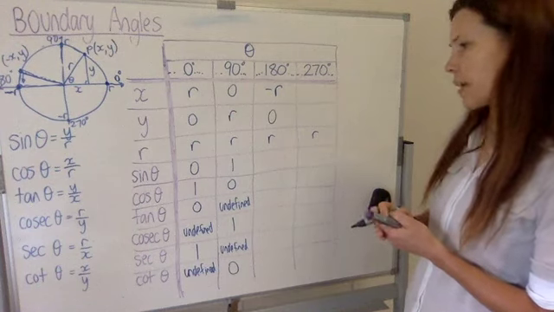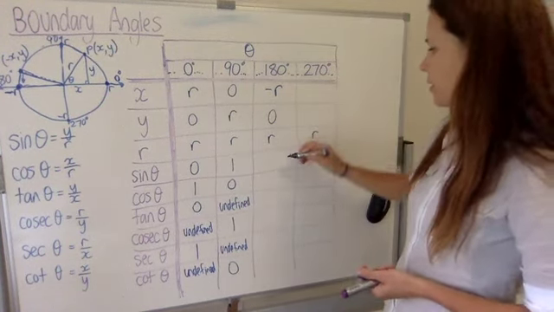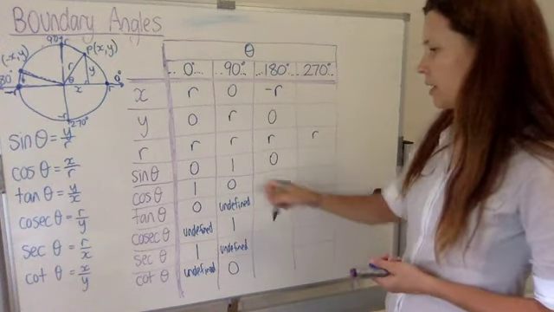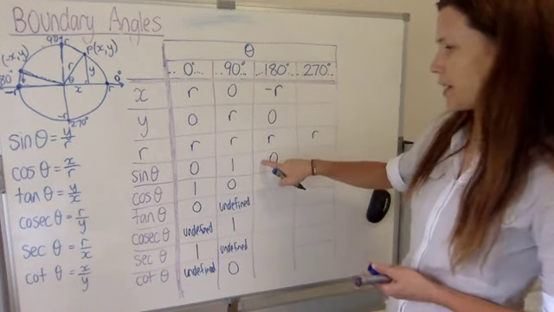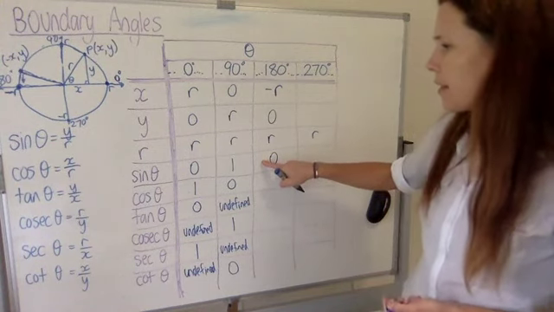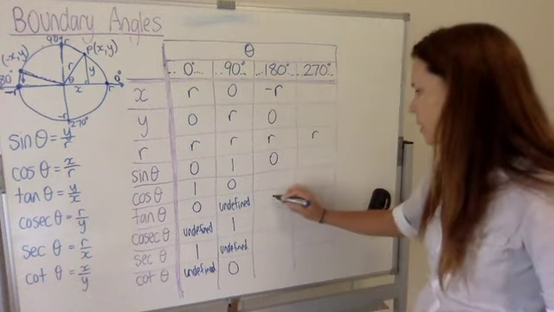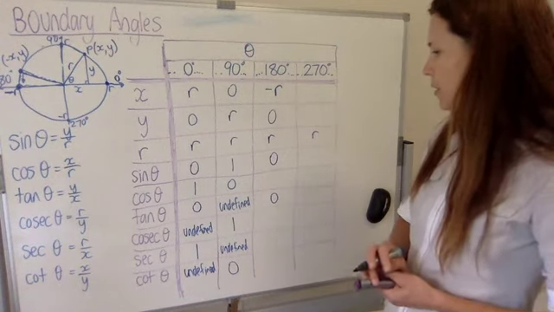So calculating our ratios again, sine of theta is y over r, which is 0 over r, which is 0. Now notice that 0 and 180, they've got some things in common. Both of them were 0 for sine, weren't they? And the same thing's going to happen for tan. If we've got 0 on the top of a fraction, we get 0.